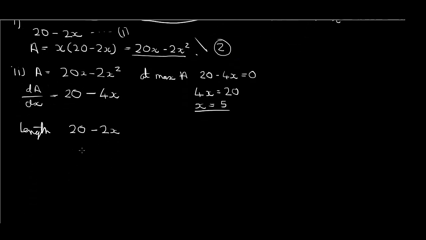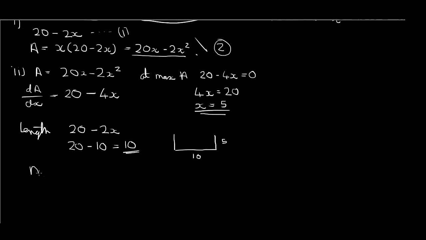So we've already worked out that x is 5 there. So 20 minus 2x is 20 minus 10, which equals 10. So there on our diagram, just to reproduce it, that's 5 and that's 10.